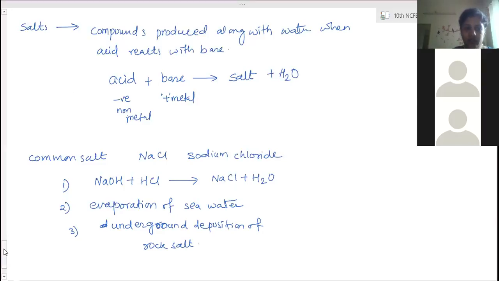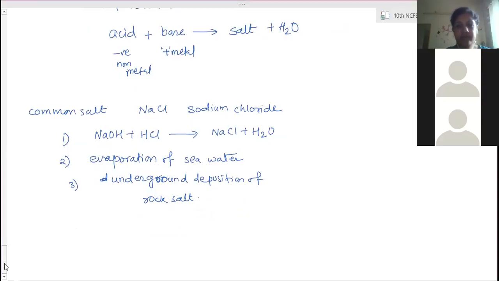Then uses of common salt, sir. Used to melt ice in the cold countries. Okay. It's also used for adding flavors in foods.